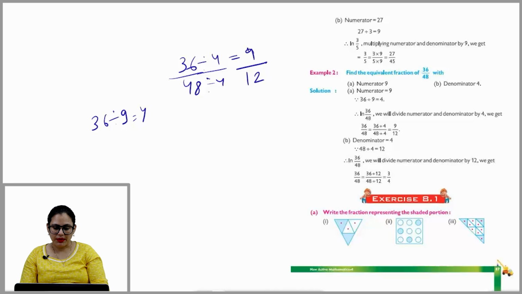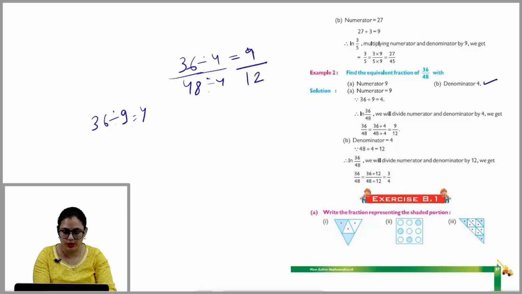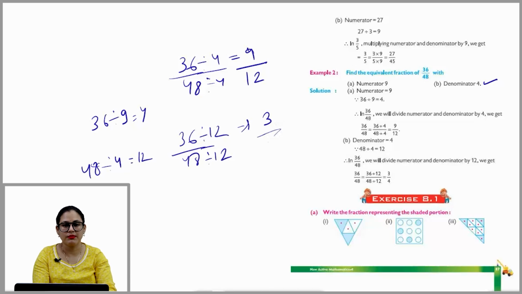And B part, denominator should be 4. So in this case, what will you do? For 36 by 48, you will divide the denominator by 4. So you will get 12. So divide this by 12 and this also by 12. So you'll get 3 by 4.